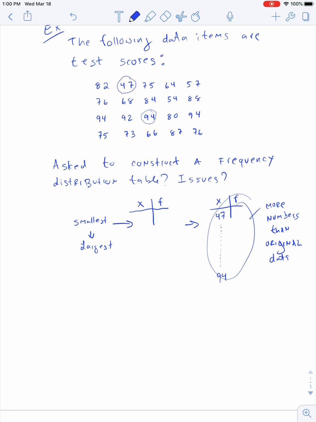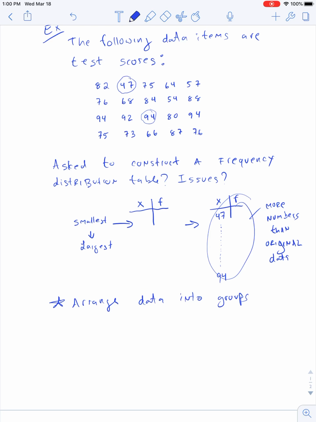So what we can do is construct this in a different way. This is an example where we can arrange our data into groups.